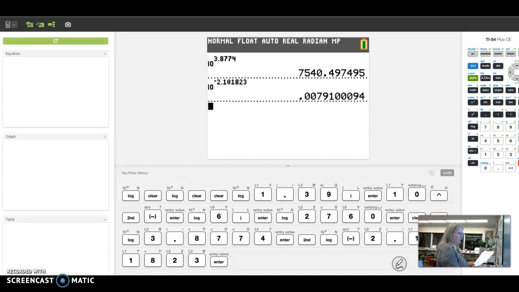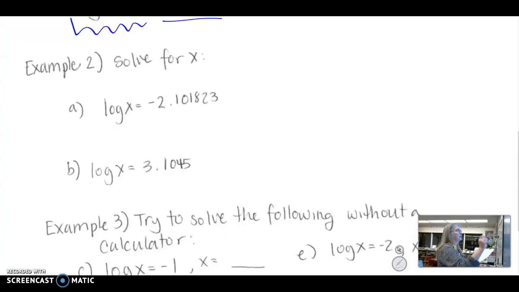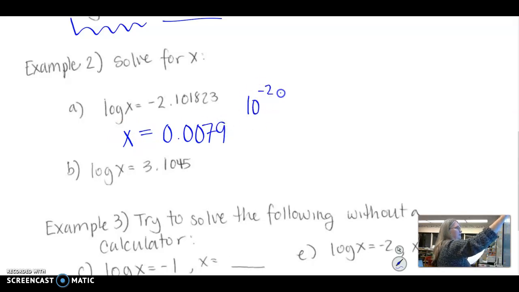So the log of 0.0079 is negative 2.101. And so my x value here is approximately 0.0079, and the meaning is 10 to this power is approximately equal to 0.0079.